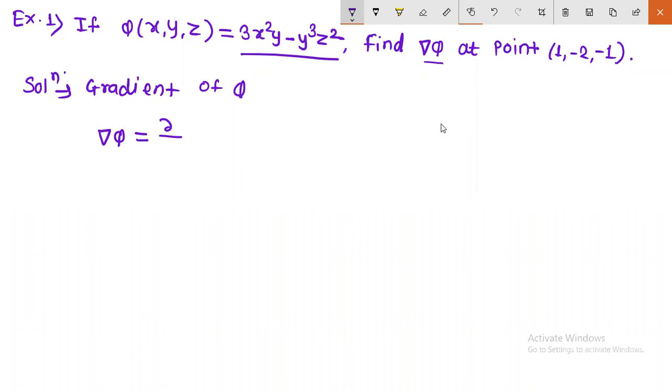Del phi upon del x into a bar x, plus del phi upon del y into unit vector a bar y, plus del phi upon del z into unit vector a bar z.